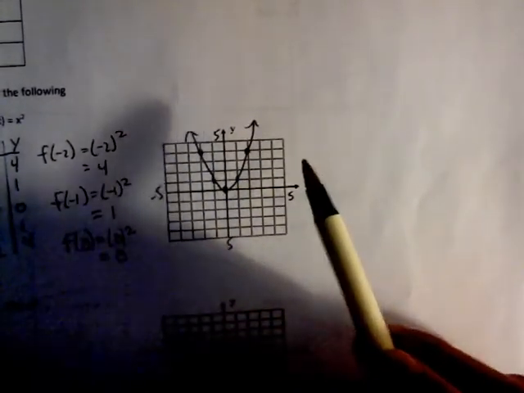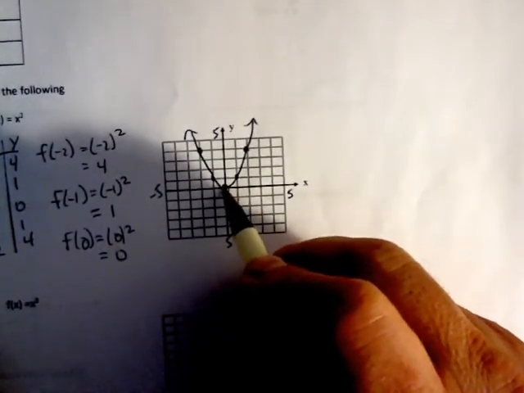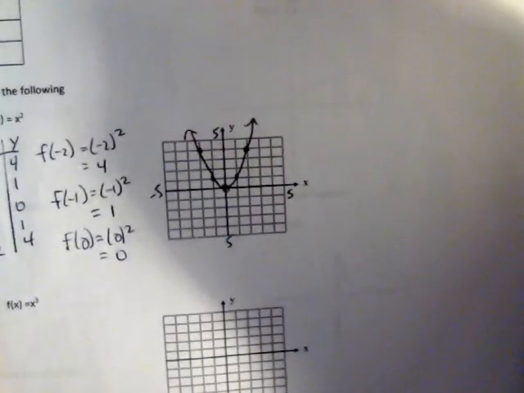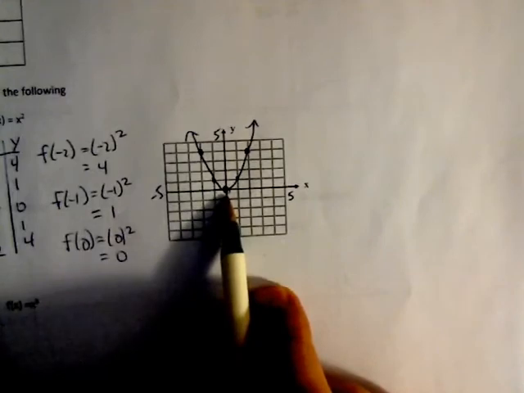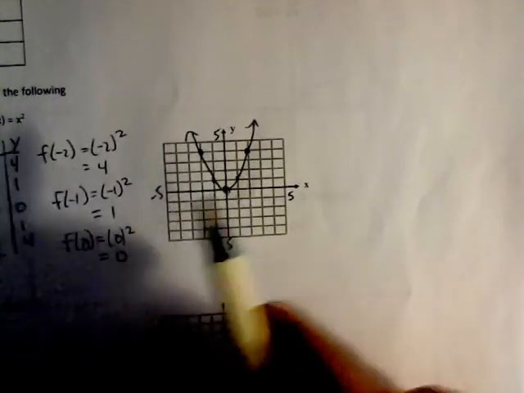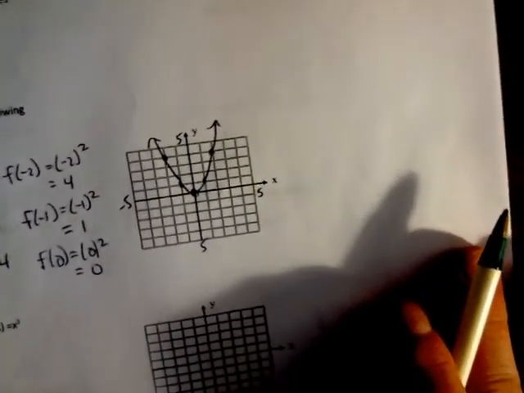The key point here, and we'll talk about this as we move on into quadratic equations at a later date, is your vertex. That's the point that you really need to find. And if you don't know where it is, you could go all day till you found it. So that's what we want to look at there.